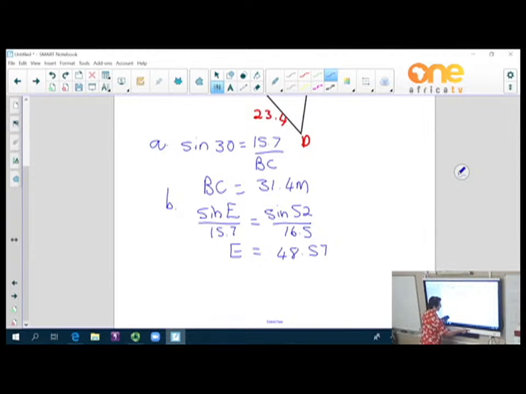So I got 48.5734. Because it's a show that question, we have to put that step in, and it's then 48.57 degrees. Then it will round off like that. The next one is now number C1.